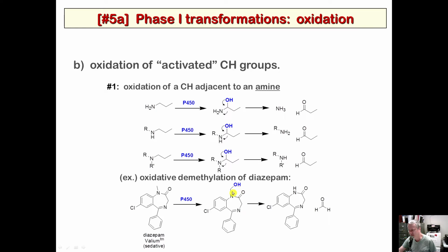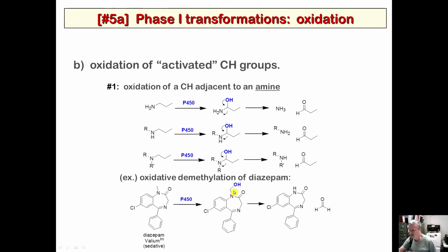The oxygen kicks in and breaks the bond off, and you make the amine, or I guess technically an amide here, and then that creates formaldehyde. Can you see how that happens? Envision an oxygen lone pair, right? A lone pair on oxygen kicks in and breaks the bond off, and that essentially creates formaldehyde, right? That's a very common fate of methyl groups in drugs, they get oxidatively dealkylated to make formaldehyde.